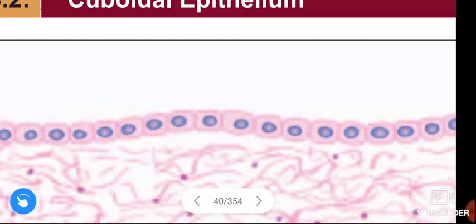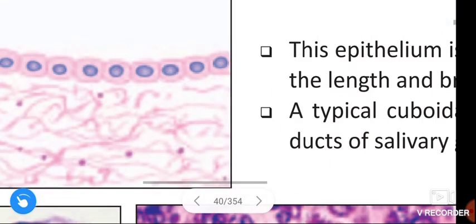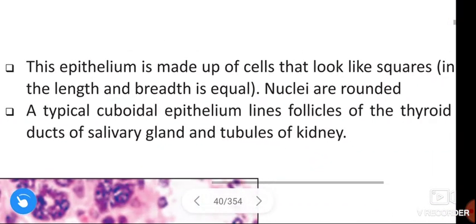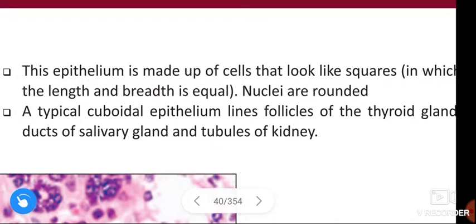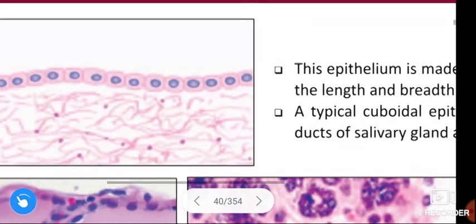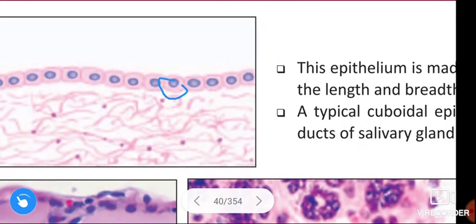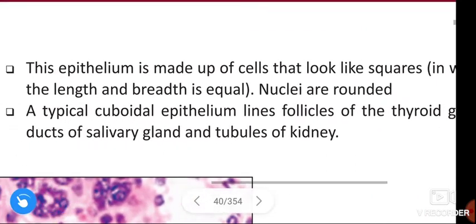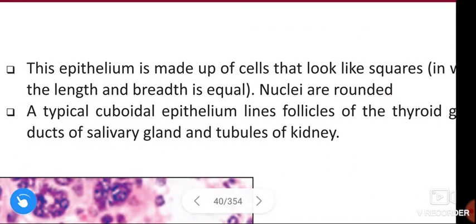Usually rounded nuclei are present in the cuboidal epithelium. This epithelium is made up of cells that look like squares, in which length and breadth are equal, and the nuclei are rounded.